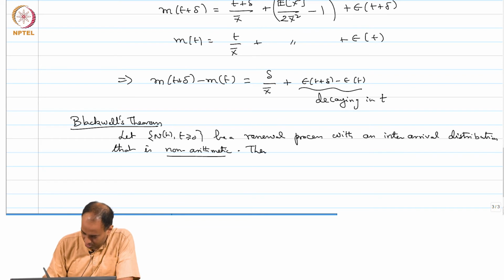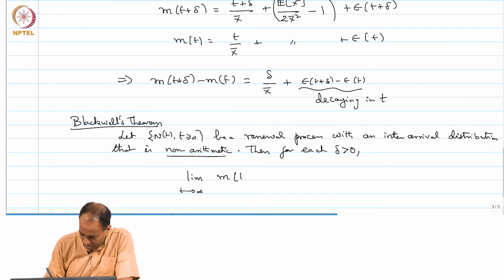Then for each delta greater than 0, the limit as t tends to infinity is equal to delta over x bar.